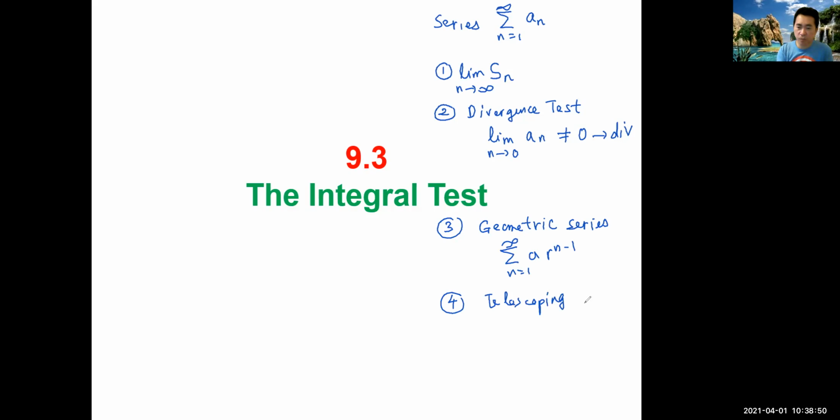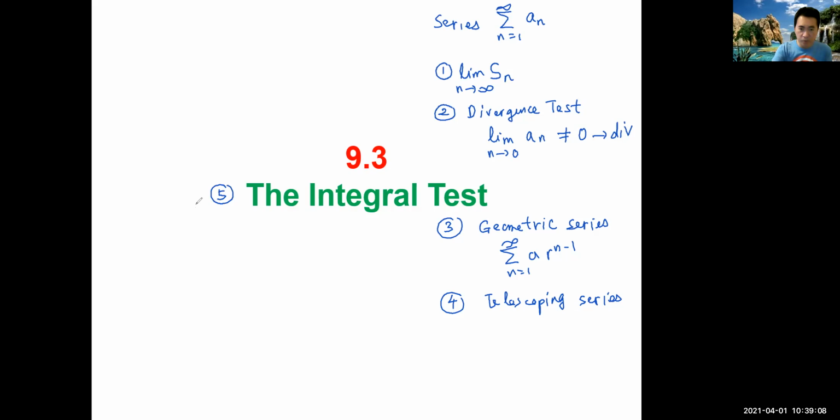For the telescoping series, we're actually using the definition here, but we have to do the partial fraction decomposition there. Now today we learn the fifth test, called the integral test, right?